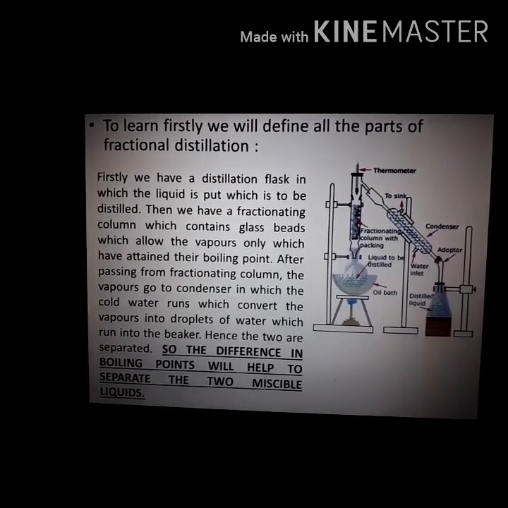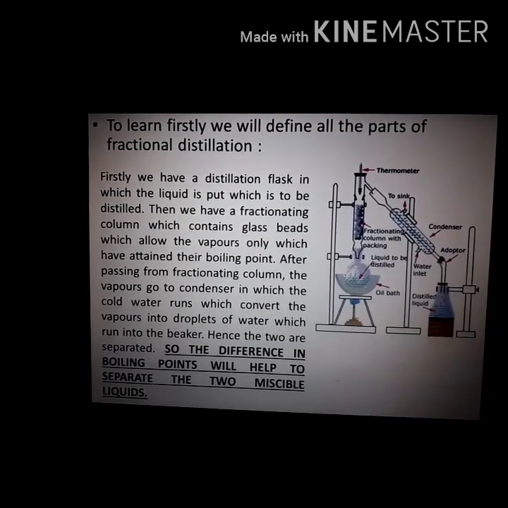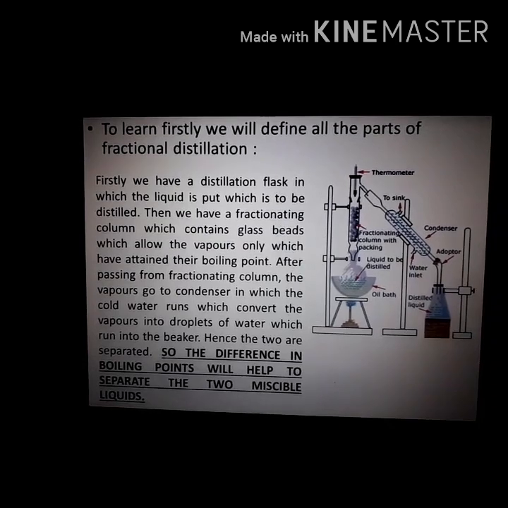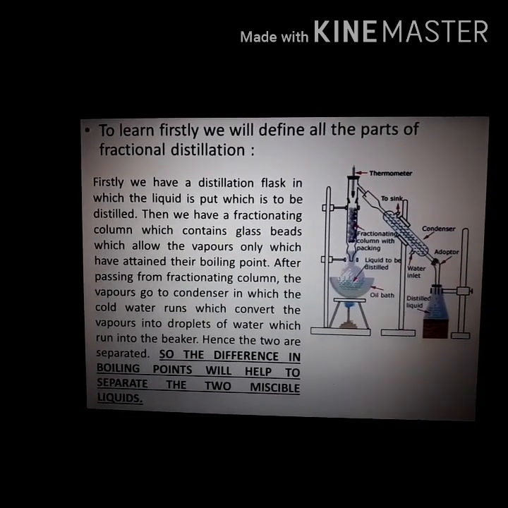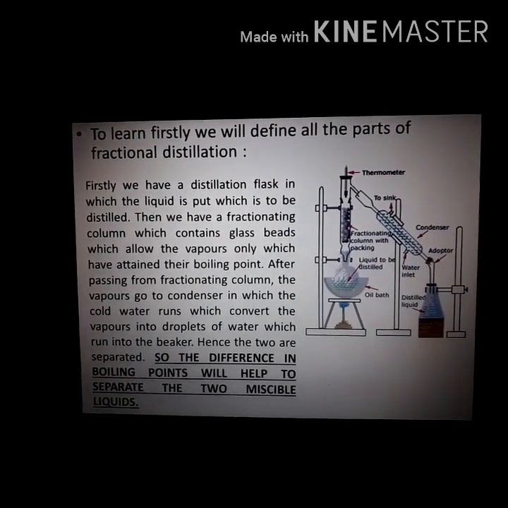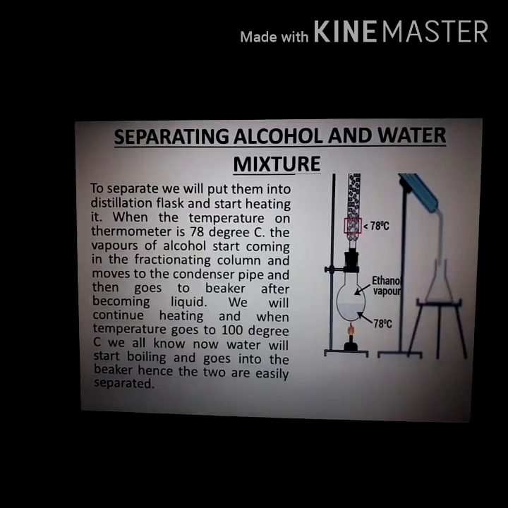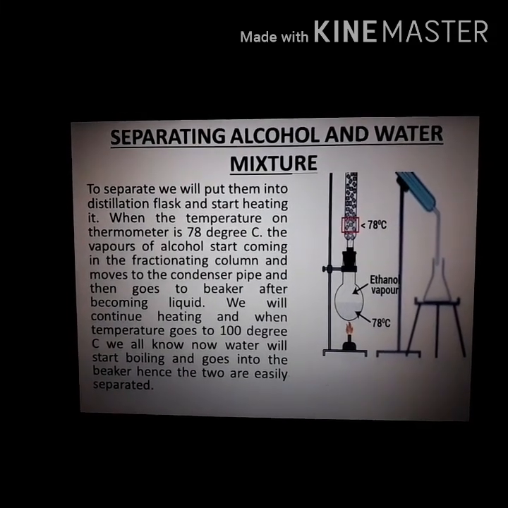So the difference in the boiling points helps to separate the two miscible liquids. That is, boiling point is the main point of difference to separate the two liquids present in a mixture. Now we will discuss how to separate an alcohol and water mixture.